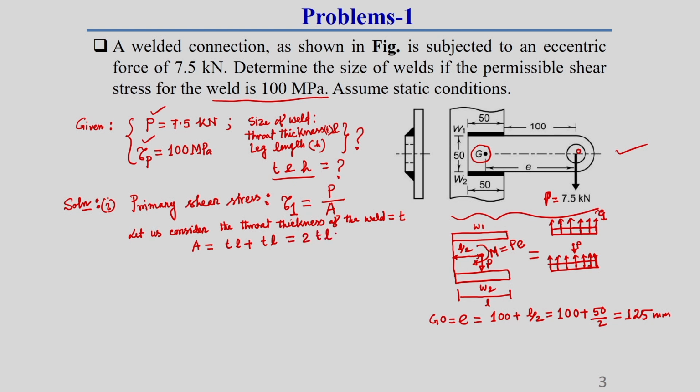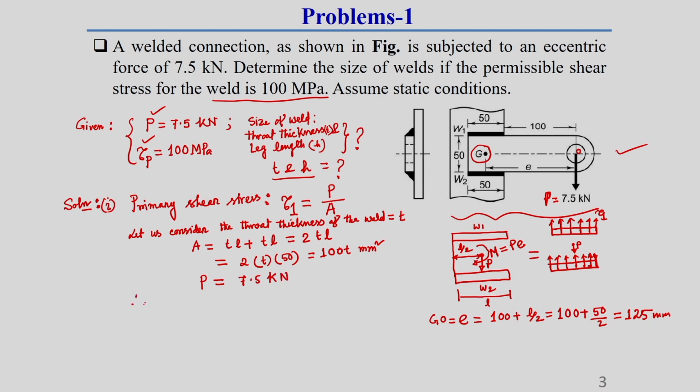So, this total throat cross sectional area we can get as 2 into T into L, where L is 50. So, we can write it as 100 T, where I consider the dimension in millimeters, so it will be millimeter square. Now, the applied force P is given as 7.5 kilonewton.